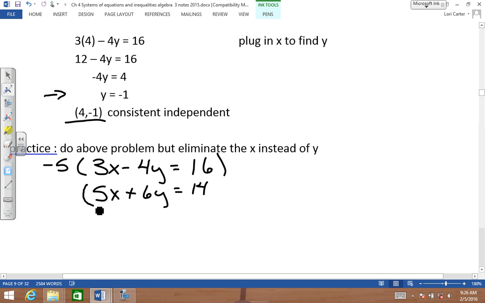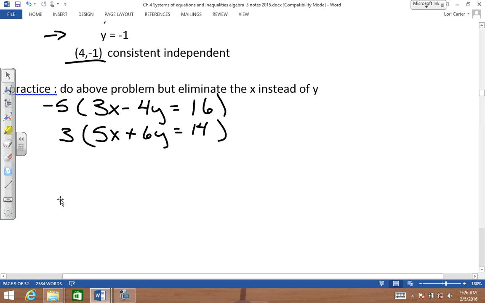And the bottom? What's your least common multiple between 3 and 5? 15. So you've got to multiply 3 by 5. And could you switch the negatives if you wanted? You could.